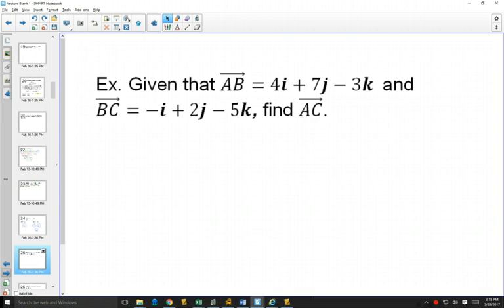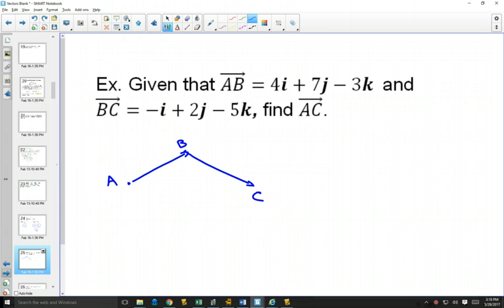So A to B is 4, 7, -3. B to C, so we imagine here's A, here's B, somewhere in 3 dimensions. Here's C, somewhere in 3 dimensions. What's A to C?